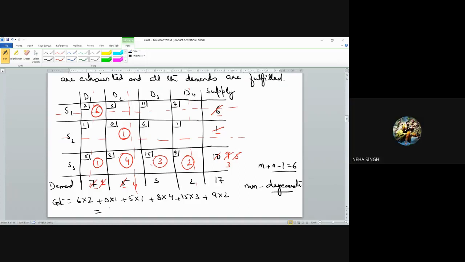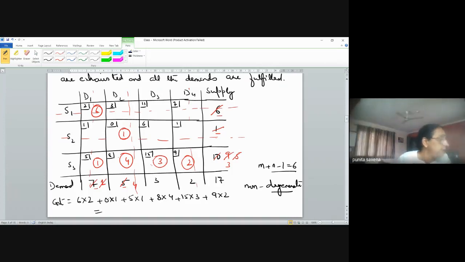Ma'am, 112. Yes. How much was the cost in the earlier case? 116. So this is less than the earlier case.